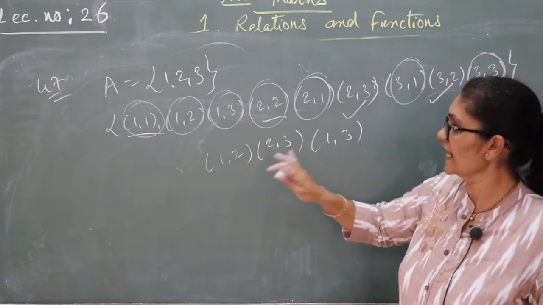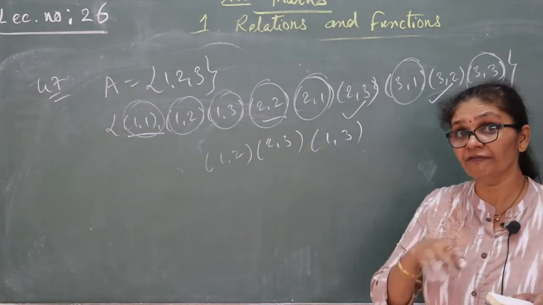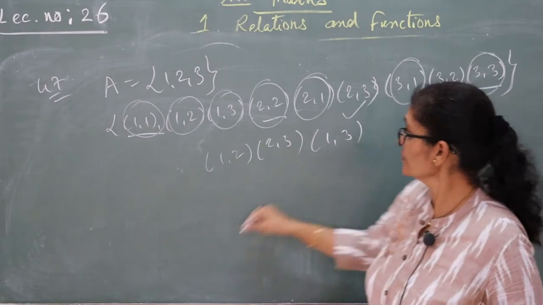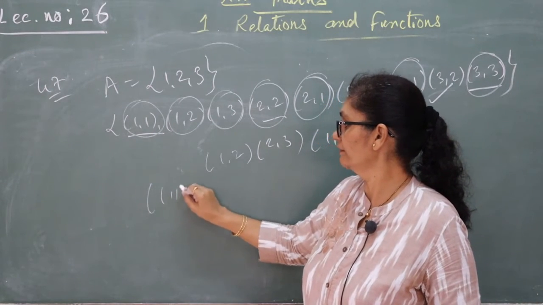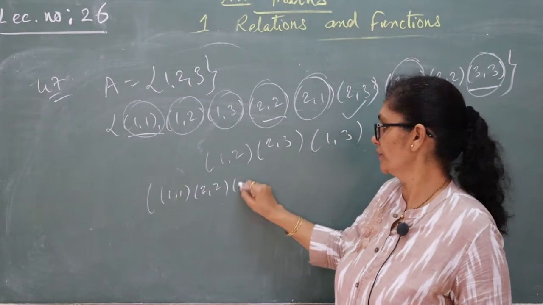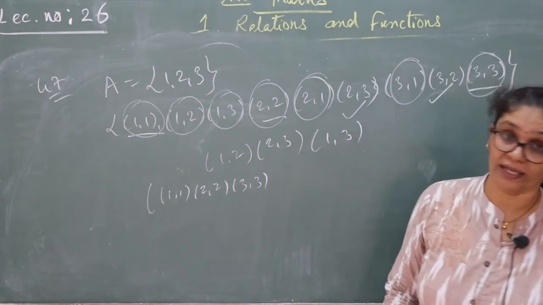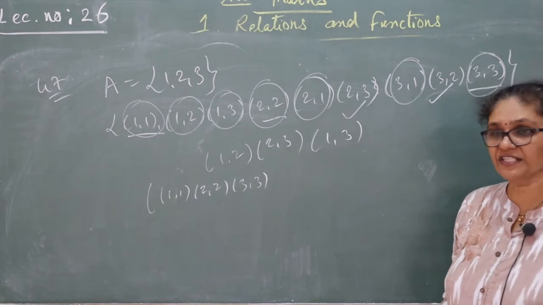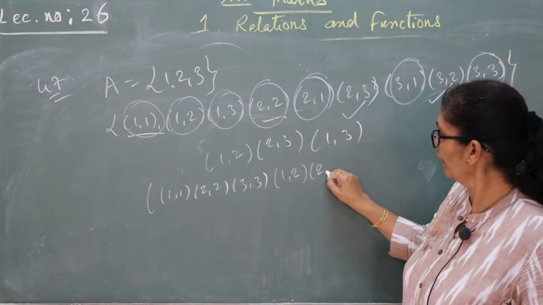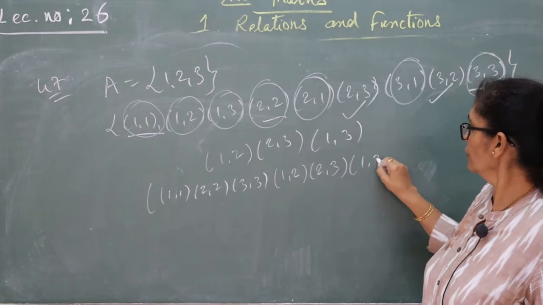So what is the meaning of it? You have to choose a set in such a way that it will be reflexive. Reflexive means we definitely have to choose (1,1), (2,2) and (3,3). First thing clear? Okay, second thing, transitivity. Transitivity means what? If I choose (1,2) with (2,3), then (1,3) must also be there.